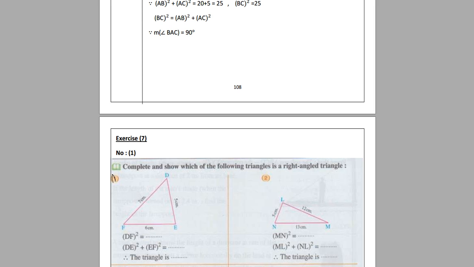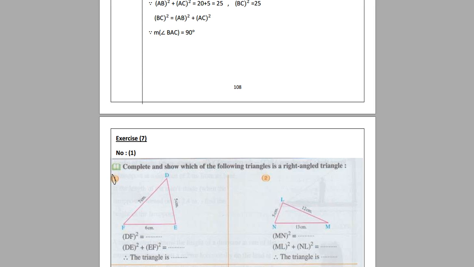It is so easy to get. Number 2, we have LMN, a triangle. LM equals 12 centimeters, MN is 13 centimeters, LN is 5 centimeters. Is it a right angle triangle or not? So easy to know.